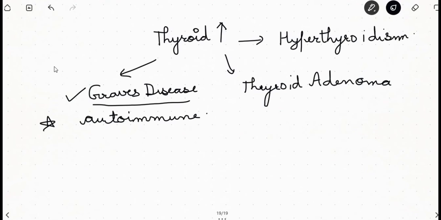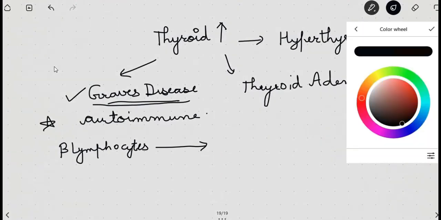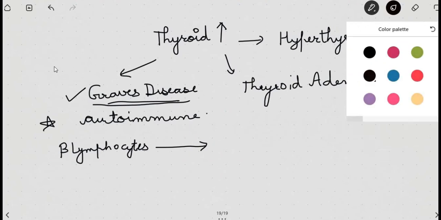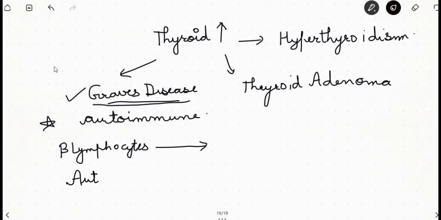Normally TSH combines with the surface receptor of the thyroid cells and causes the synthesis and secretion of thyroid hormones. But in Graves' disease, the B lymphocytes produce autoimmune antibodies called thyroid stimulating autoantibodies.